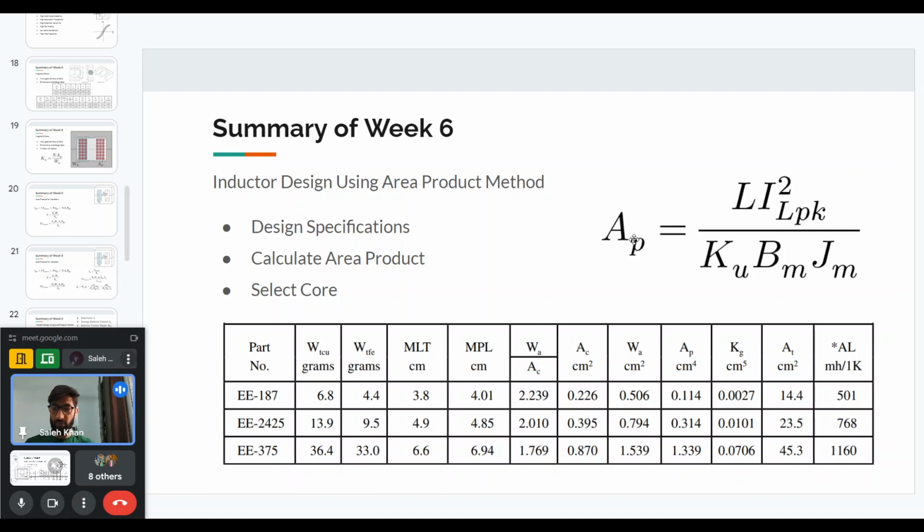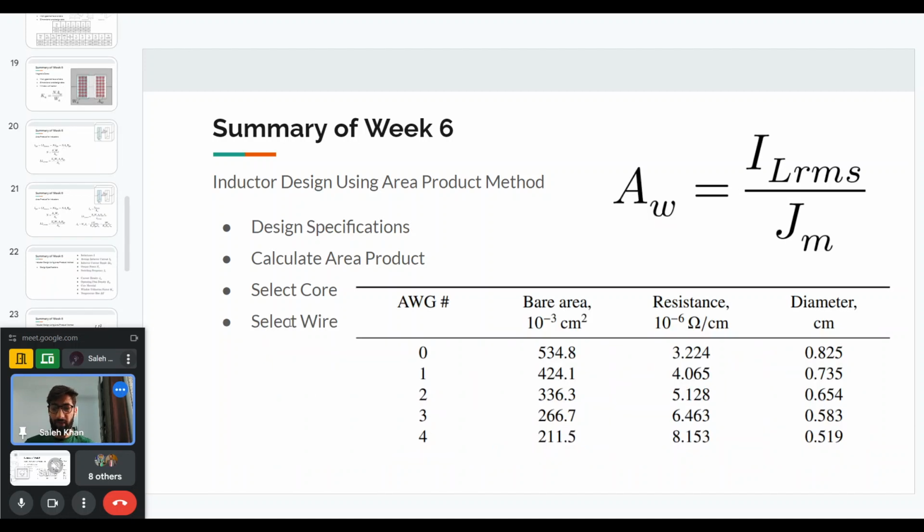Once we have chosen the core, we have to select the wire. The wire gauge will be selected based on the area of the wire, and the area we can calculate as the RMS current divided by the current density. We will get a particular value of wire area, and then we can look at the AWG table.